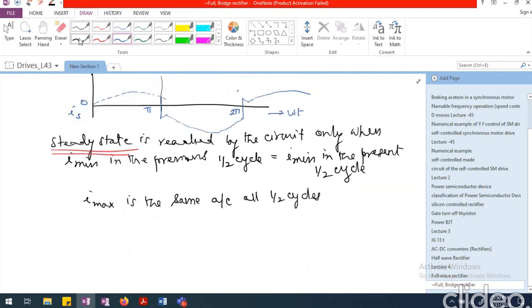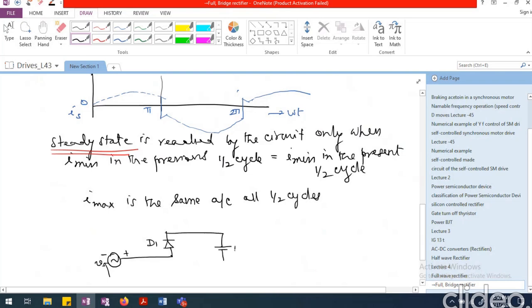So for example, if I am looking at this diode D1, it is connected to the source like this. This is Vs, so this is positive and this is negative. And on the other side, it is going to have this voltage coming up like this.